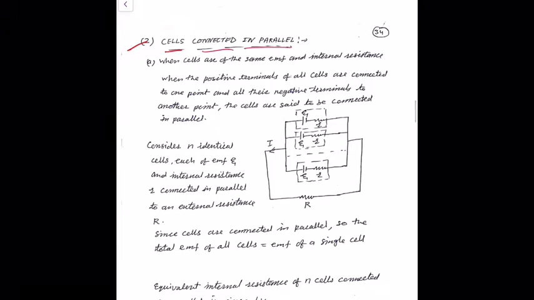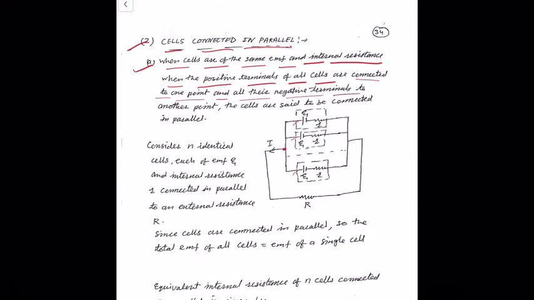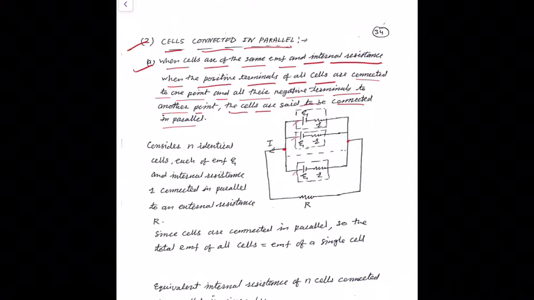Second, cells connected in parallel. A: when cells are of the same EMF and internal resistance. When the positive terminals of all the cells are connected to one point and all their negative terminals to another point, the cells are said to be connected in parallel, as shown in the figure.